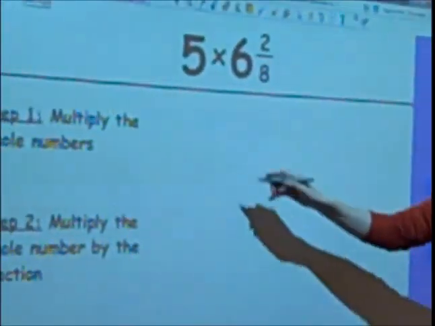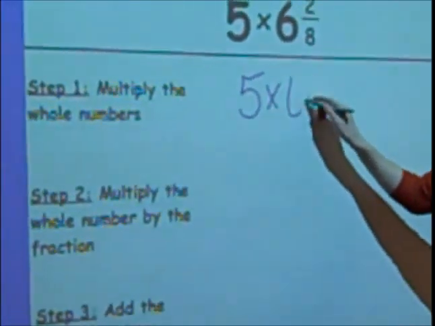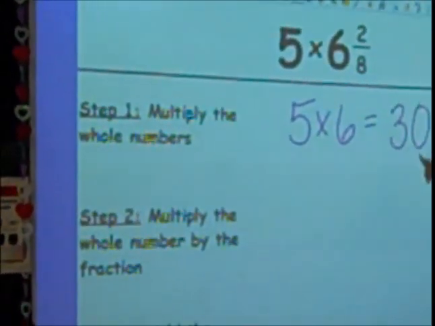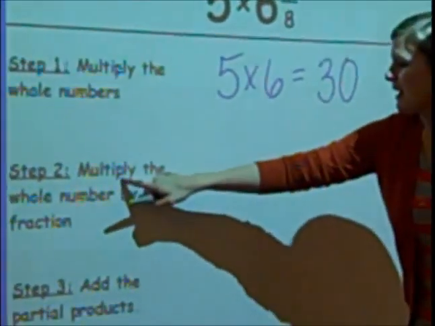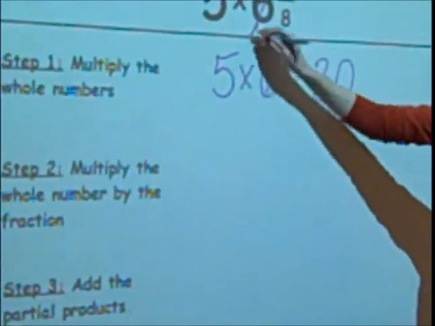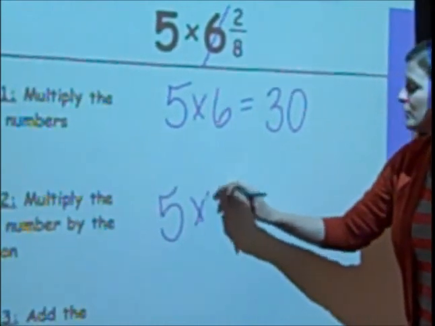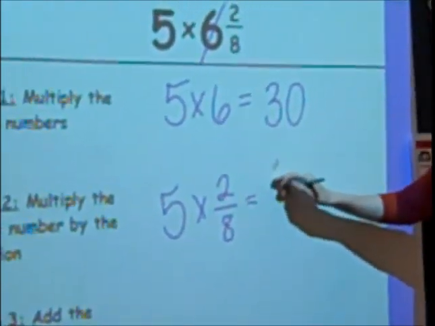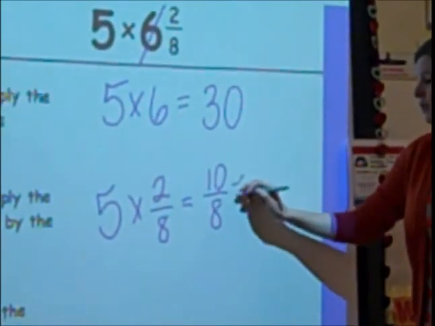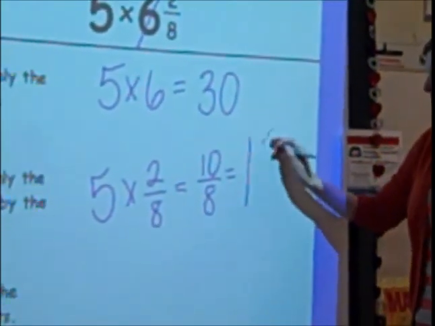5 times 6 and 2/8. Multiply the whole numbers first. 5 times 6 is 30. Oh, my kid's in here, come on. Multiply the whole number by the fraction. I already did 6, so now I do 5 times 2/8. How many 8ths do I have now? 10 eighths. That converts to 1 and 2/8.